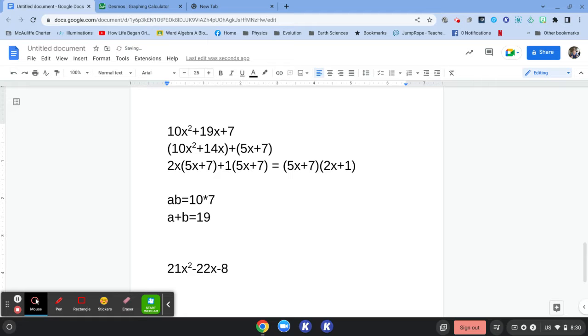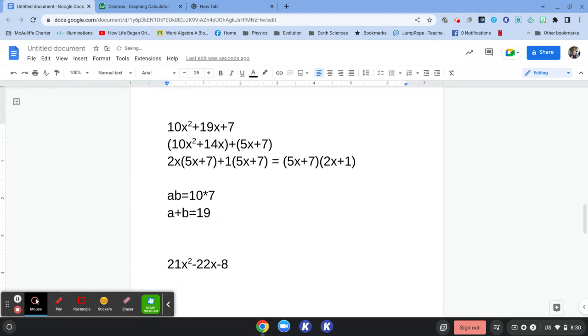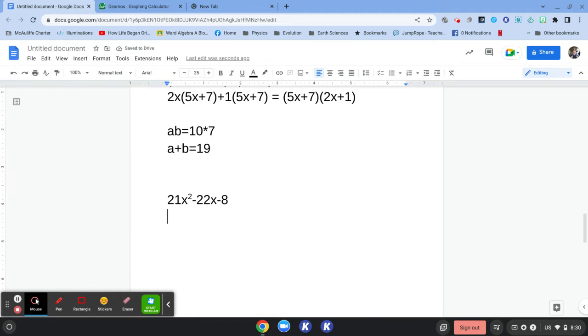21x squared minus 22x minus 8. That looks ugh. Okay, so I'm going to go ahead and do it anyway. So I'm looking for two numbers that instead of multiplying to be 10 times 7, they multiply to be 21 times negative 8.